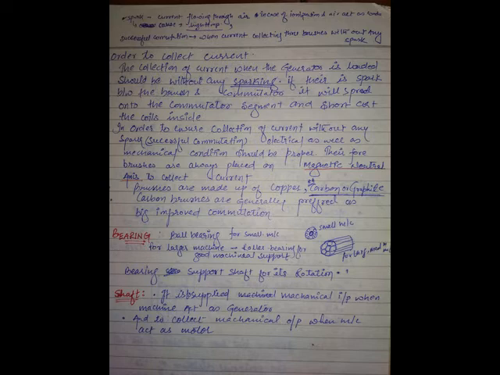What is the distance between 2 adjacent poles? Pole pitch, right? So if the coil span is exactly equal to pole pitch, then you get maximum induced EMF. Those coils are called full pitched coils, and the winding is known as full pitched winding.